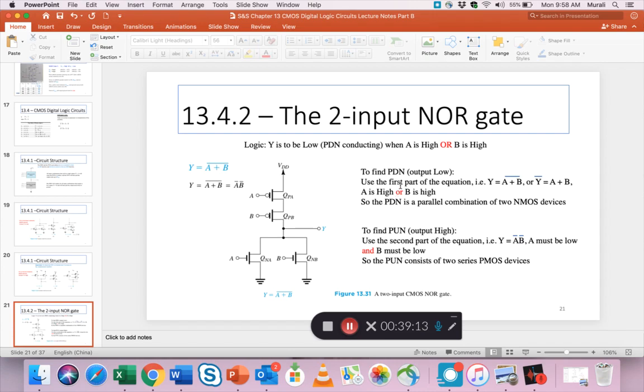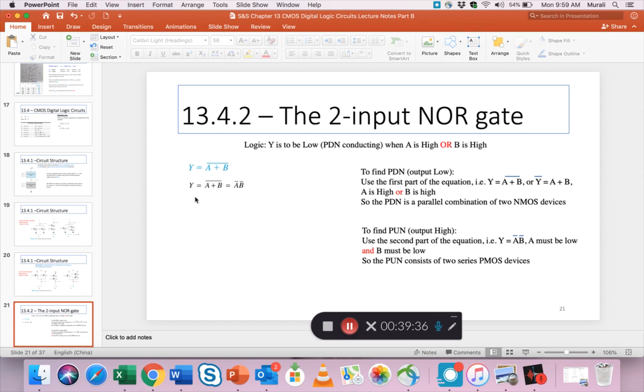Now let's actually create, let's say this wasn't given, right? Take this out. If this wasn't given, can you create it using these equations, right? So you always start by creating the PDN, the lower portion, that means the output low. So use the first part of the equation, right?